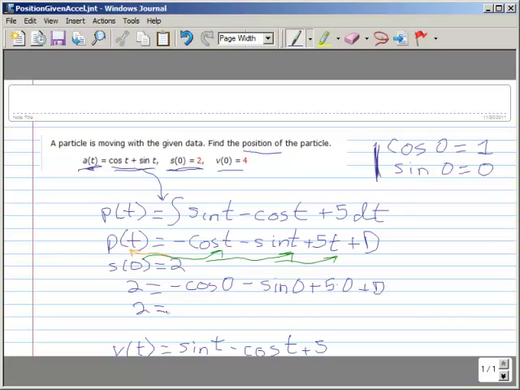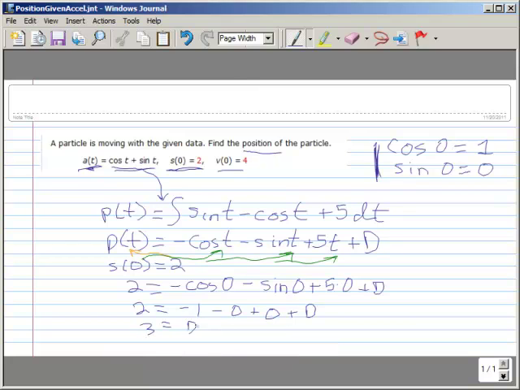So we've got 2 is equal to negative cosine of 0. Cosine of 0, remember, was 1. So we're going to have 2 is equal to negative 1 minus 0 plus 0 plus d. So that gives us that d is equal to 3.